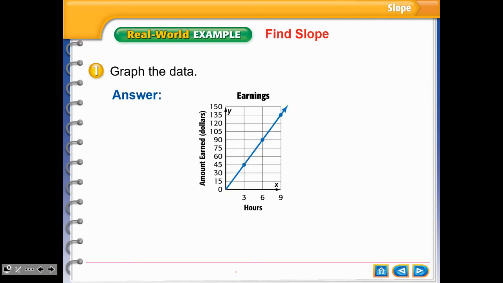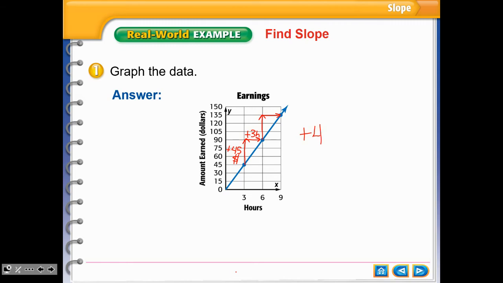Now, many of us visual folks, you can see we have a rise and a run that always stays the same. That's why we call it a constant rate of change. We go up 15, another 15 is 30, another 15 is 45. So it appears to have a rise of 45. 45 what? I'm going to write dollars right there. And it appears to have a run of 3 hours.